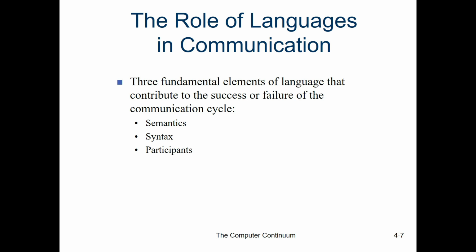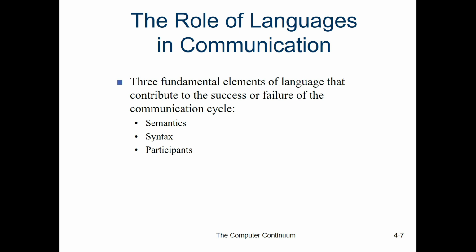So there are three fundamental elements of language that contribute to the success or failure of the communication cycle. In any programming language, there could be semantic, syntax, or participant issues. These are the three things which are fundamental to the communication cycle between any computers.